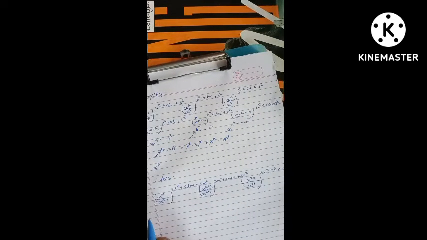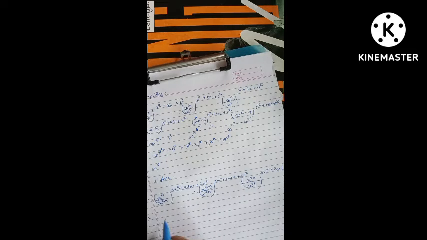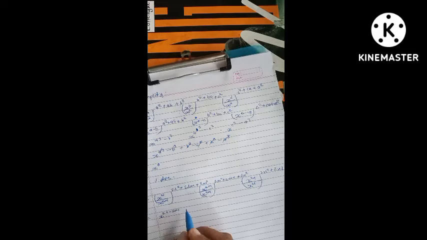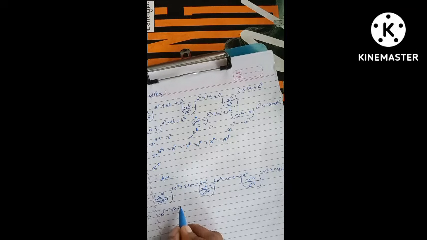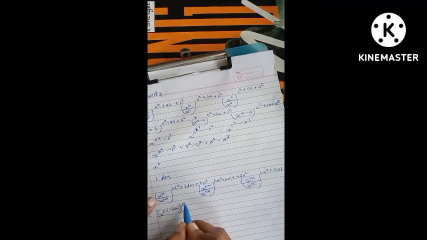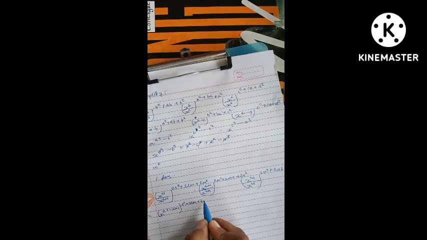Similarly here we can write x to the power 2l minus 2m, whole power 2l square plus 2lm plus 2m square.